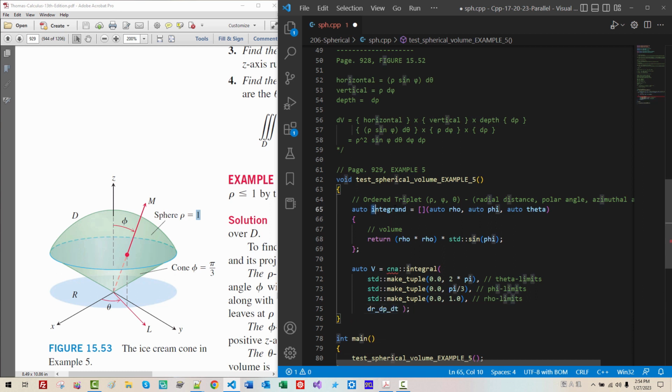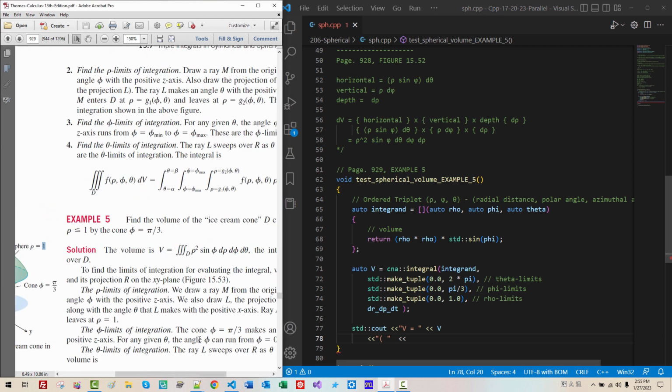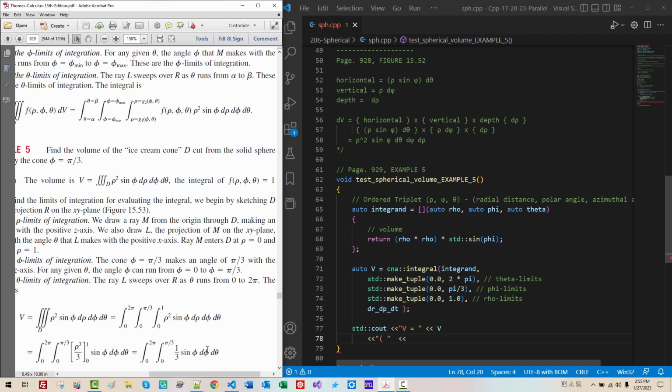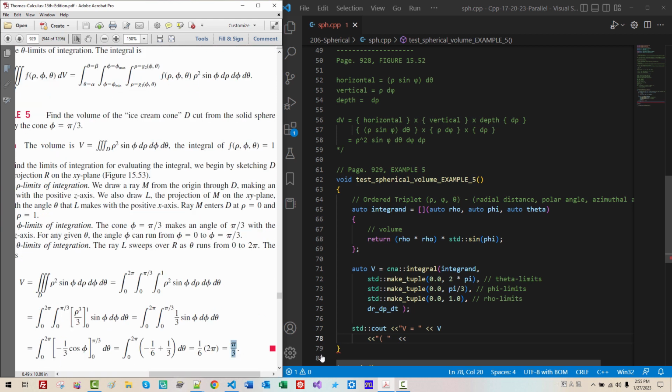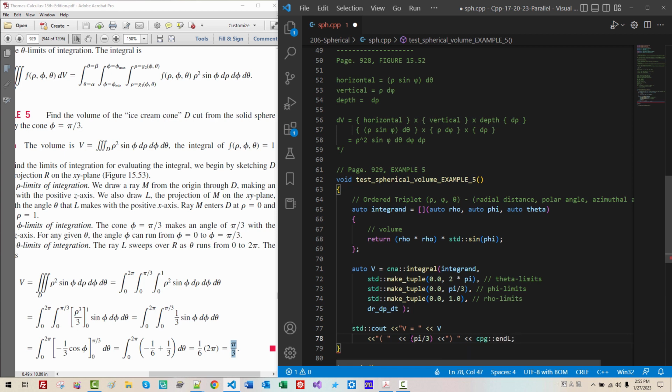Of course, we have to pass the integrand. Then cout the volume V, with a carriage return. The answer, I will make it smaller: the volume is pi over 3.